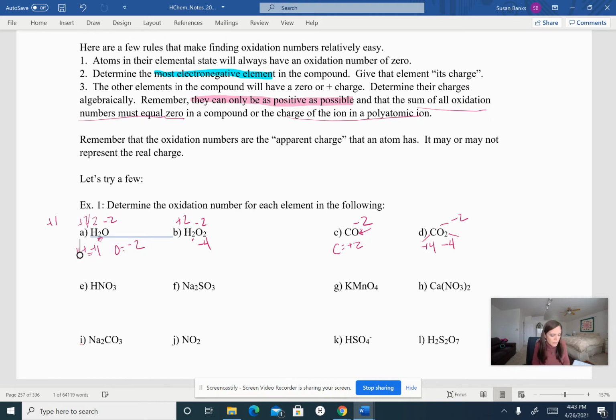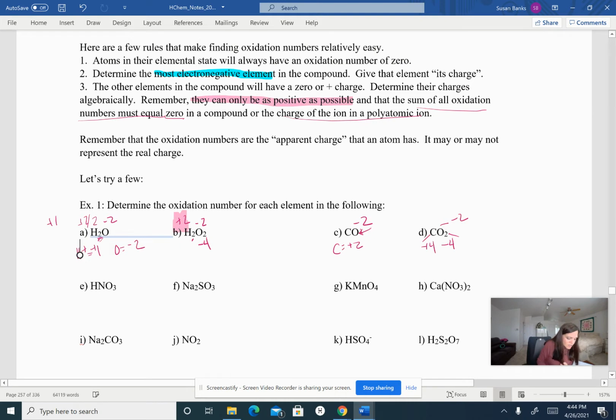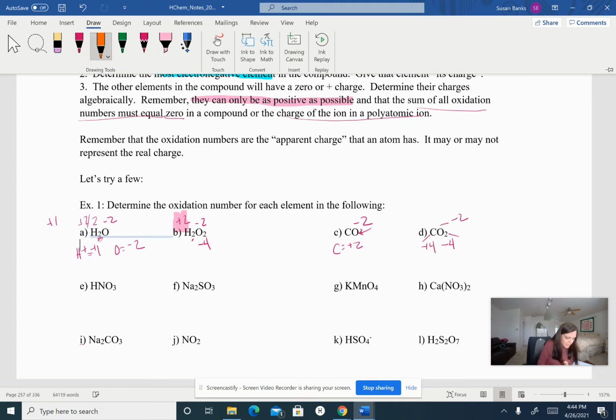How many electrons does hydrogen have? It has 1. So the most hydrogen can have is a +1 charge. That's it. So this is not going to work. Hydrogen can only have a +1 charge. So we're going to have to rethink this.